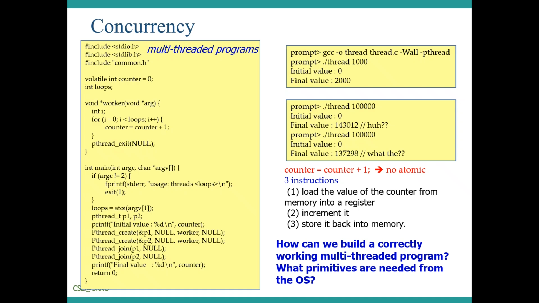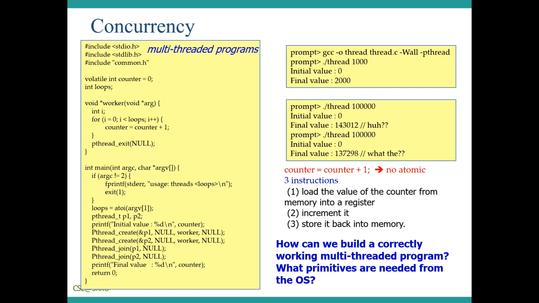As you might expect, when both threads finish, the final value of the count should be 2000, since each thread increments it 1000 times. In fact, if we set the number of loops to n, we would expect the final result to be 2n.